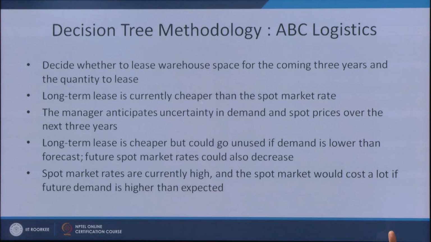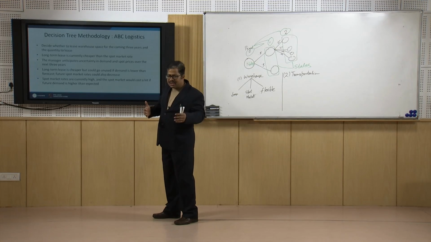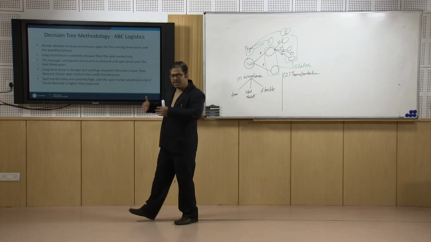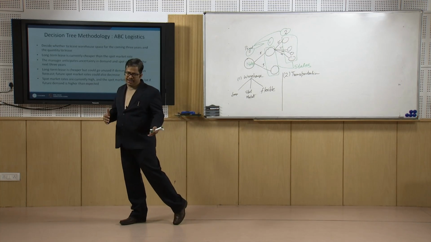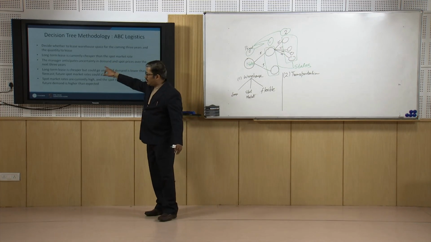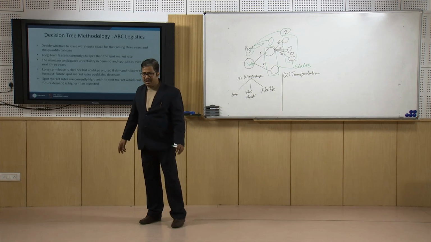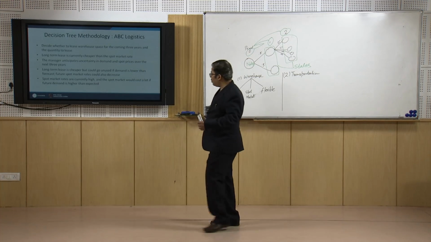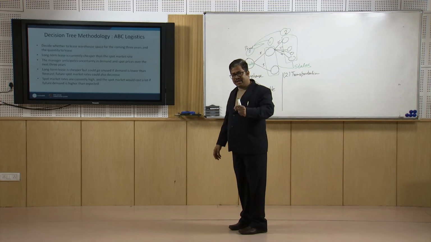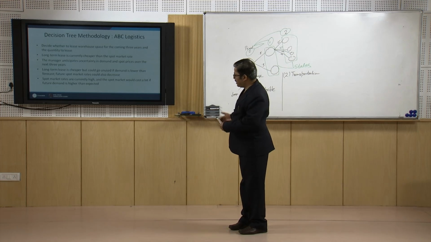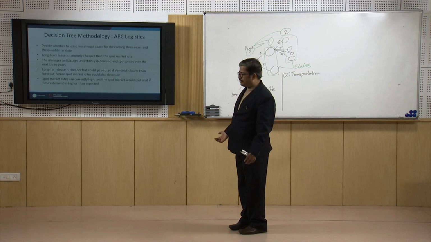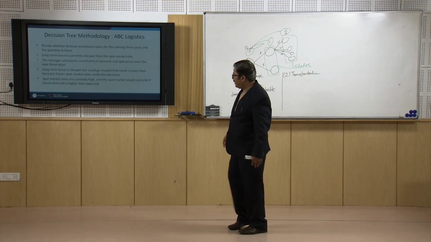He is not very sure that the space which I take today, the same requirement will be there tomorrow or not. That is one level of uncertainty, and the second level of uncertainty is the price. The price of the spot market will also change. Today the spot market price is different, tomorrow it will be something else.